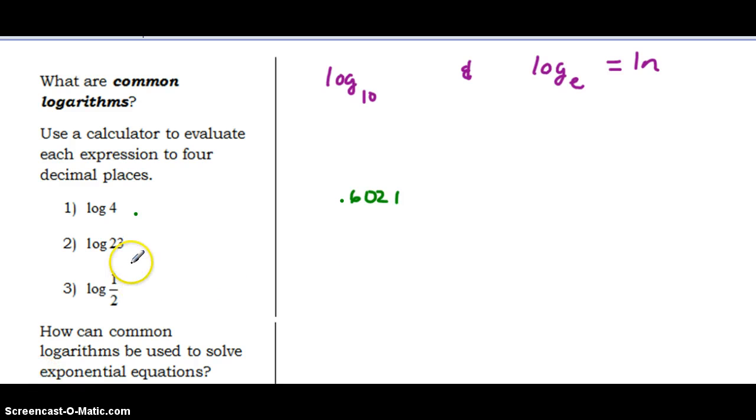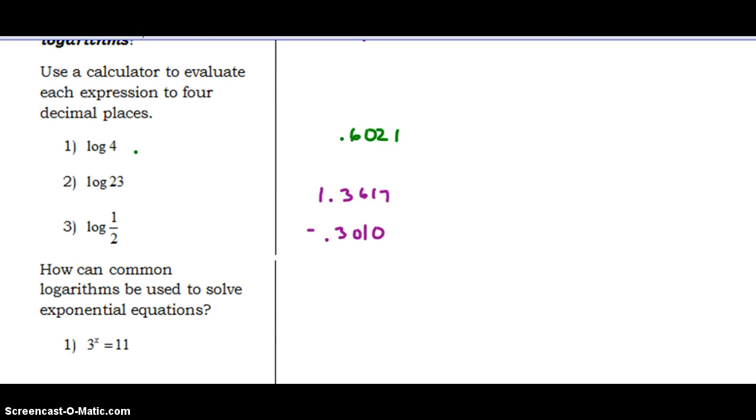Okay, so go ahead and try log 23 and log 1/2 and bring it back. These are the values you should get. Now we're going to be using those common logarithms to solve exponential equations, because remember, we could convert and use the change of base formula and then solve.